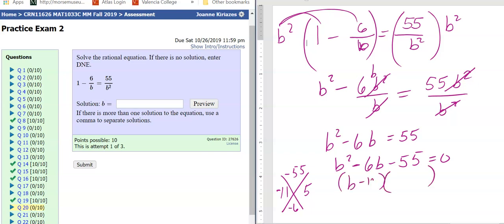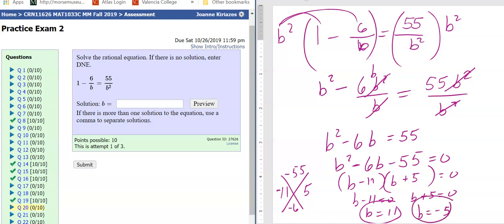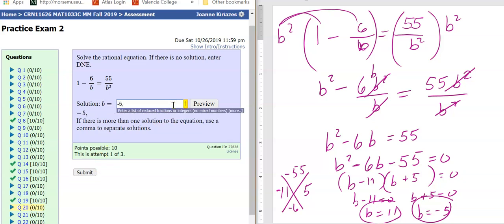I'm going to have b minus 11 and b plus 5. So each one of the factors you're going to set equal to 0. You're going to get b is equal to 11 and b is equal to negative 5. And you're going to enter those in with a comma between them. So I'm going to say negative 5, comma 11, and then you're going to enter.